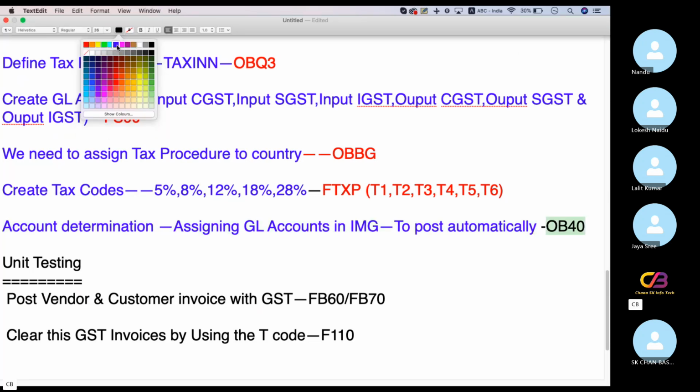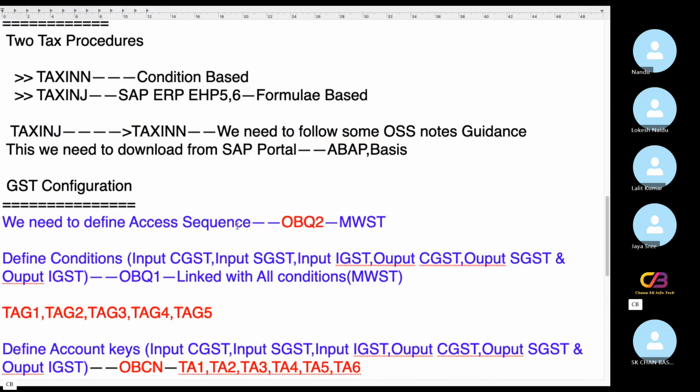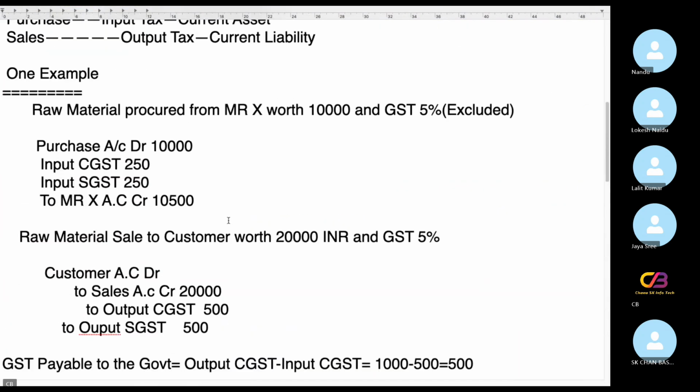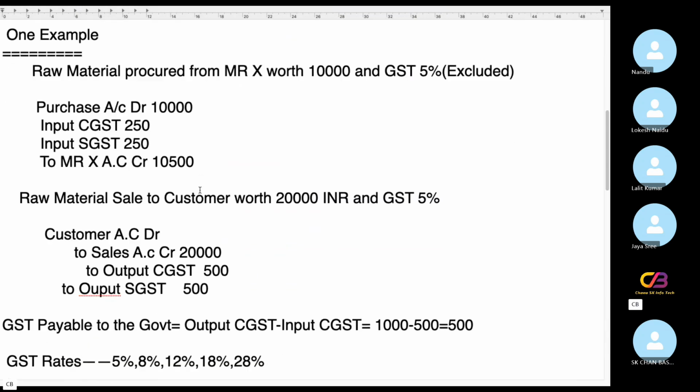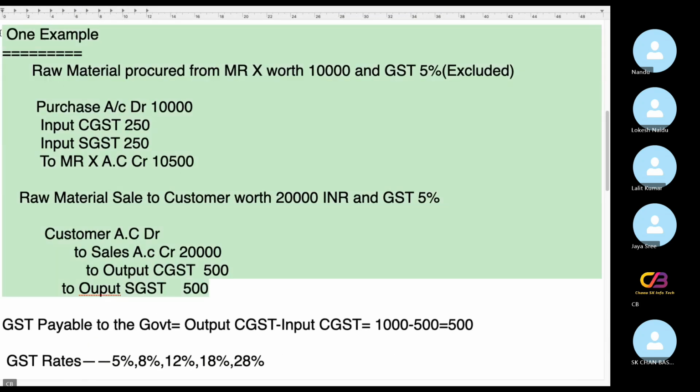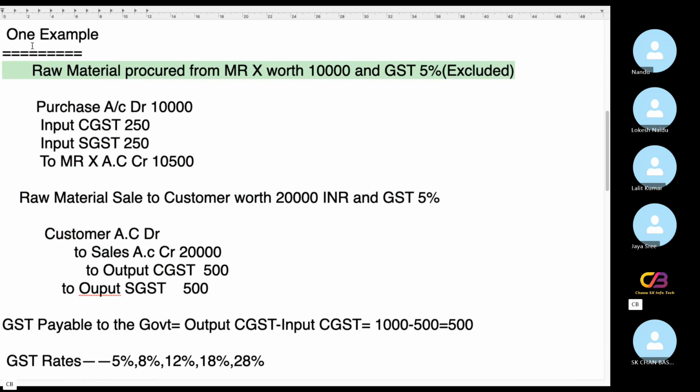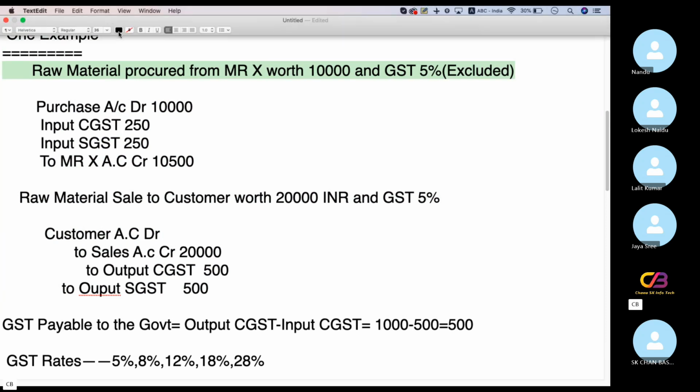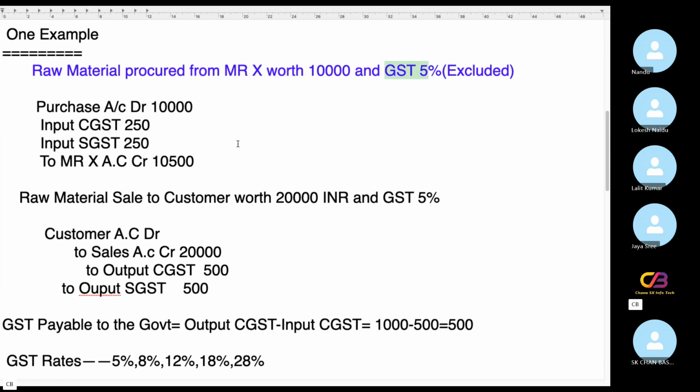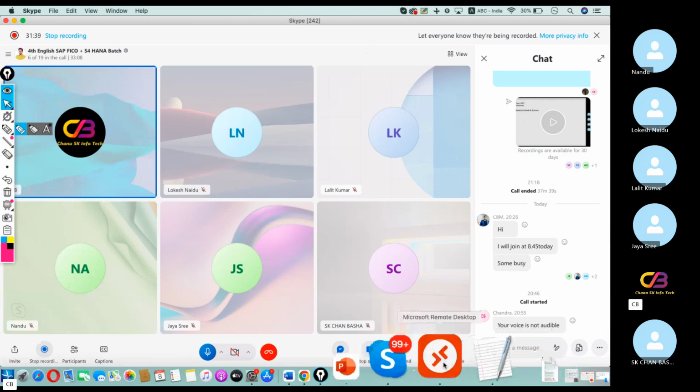Okay, now you do posting. For unit testing, you guys need to post these two entries in our system. So you procure raw material. Our credit purchase happened. Particular vendor GST is 5%. So what is the entry? This entry, I will post this.